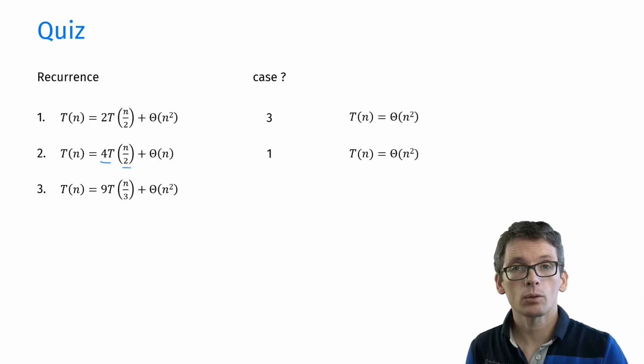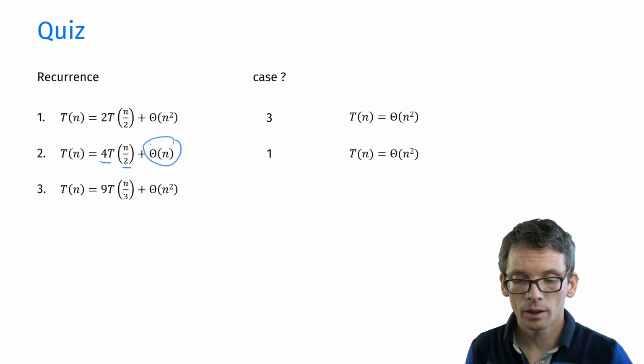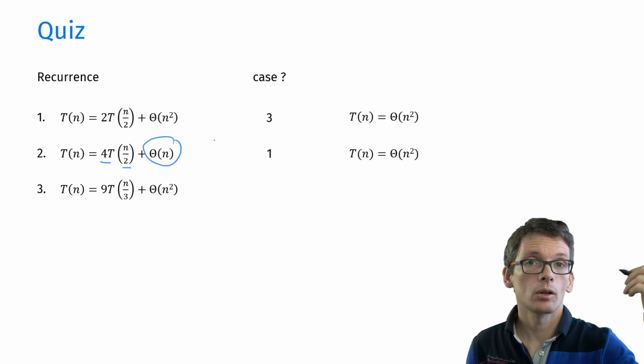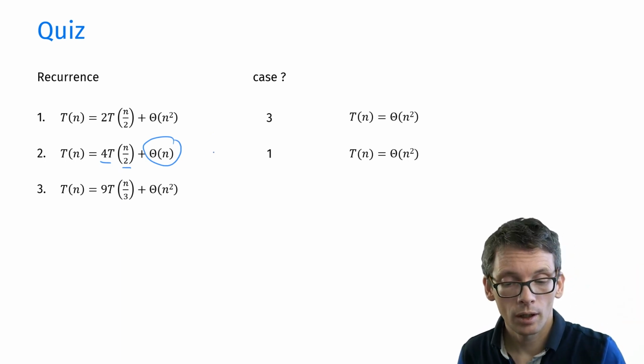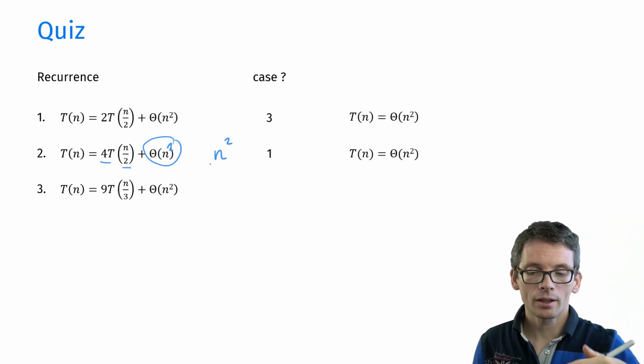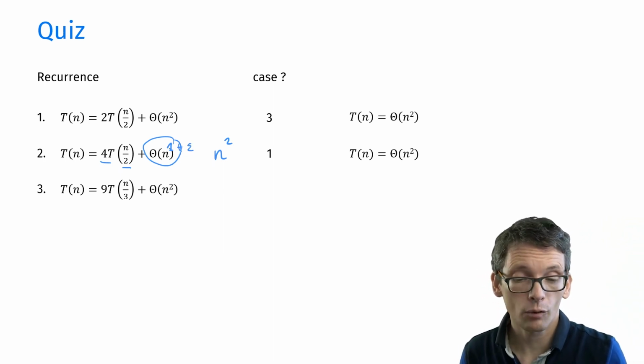And why are we in case 1? Because f of n is of order n. We already said that log a base b is log 4 base 2, which is 2, so I'm comparing n, which is n to the 1, with n squared. Just as in the previous case, we can fit in an epsilon, in this case again of 1.